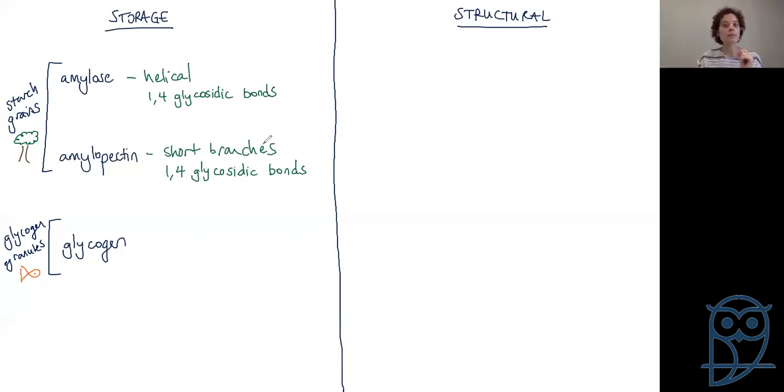Okay, so that's carbon 6, and it starts a new chain. Now, if a chain is 1,4, we're bonding to a 6, we need a 1. So we have 1,6 glycosidic bonds. And this is to form branches.